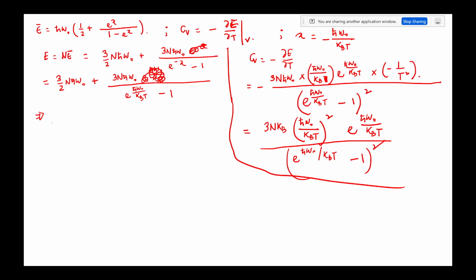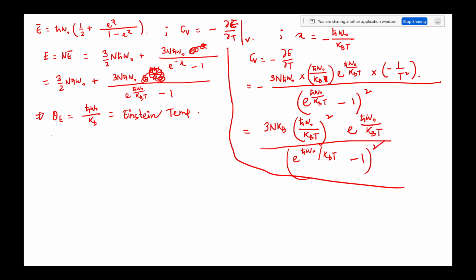Let me write theta E is equal to h cross omega naught by kB. This is the Einstein temperature.